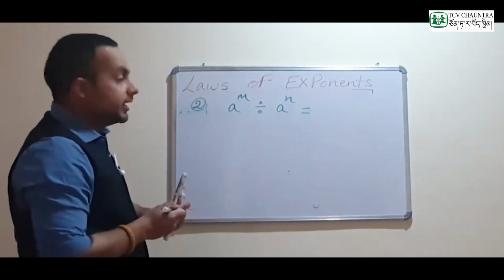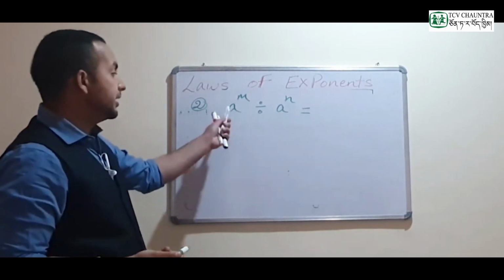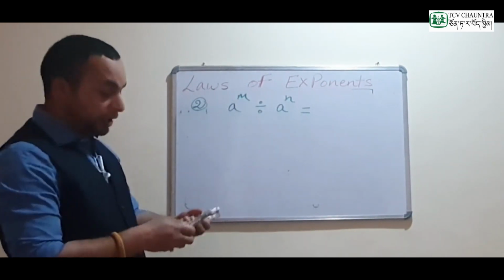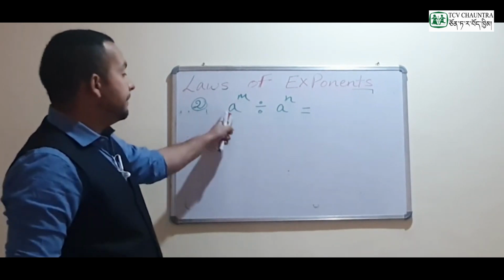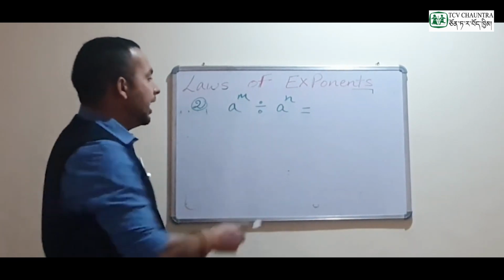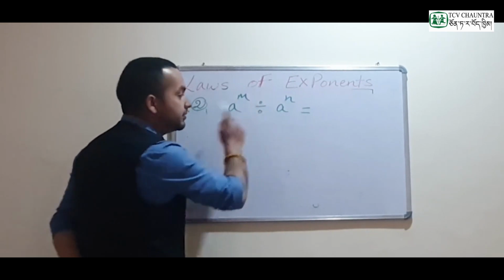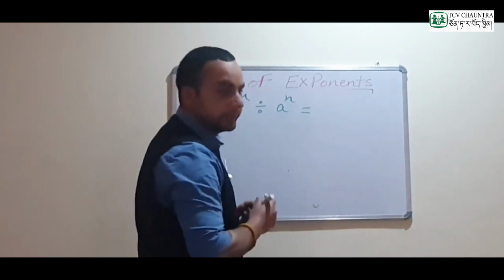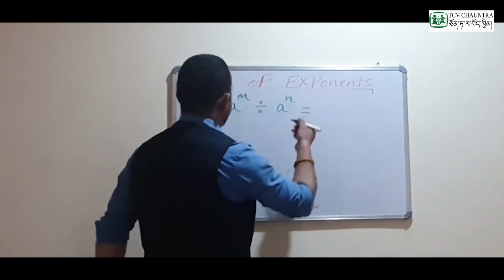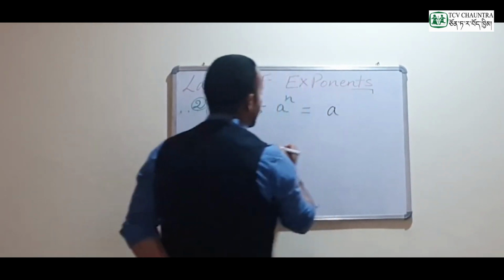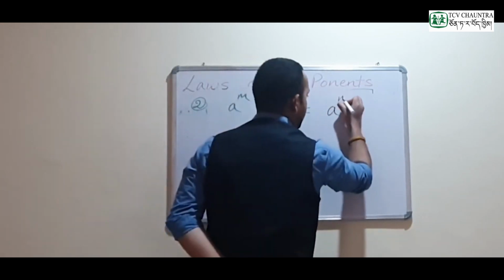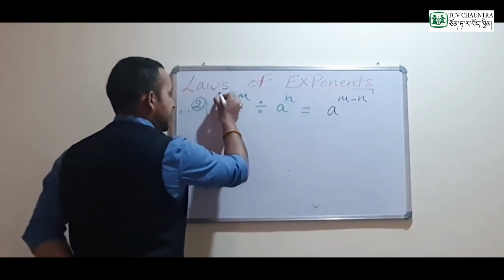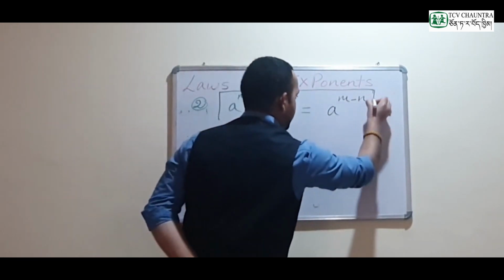In the first law there was multiplication, but in our second law the base is the same and there is a division sign. When the base is the same and there is division, then the power should be subtracted. So your answer is a raised to the power m minus n. This is your second law.